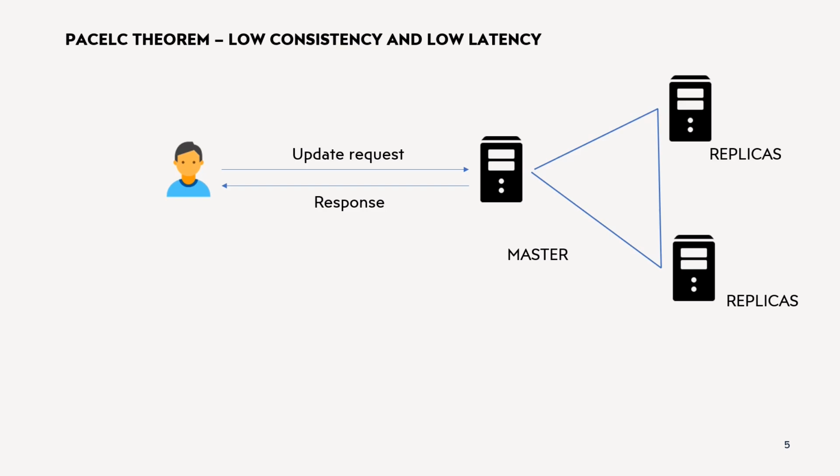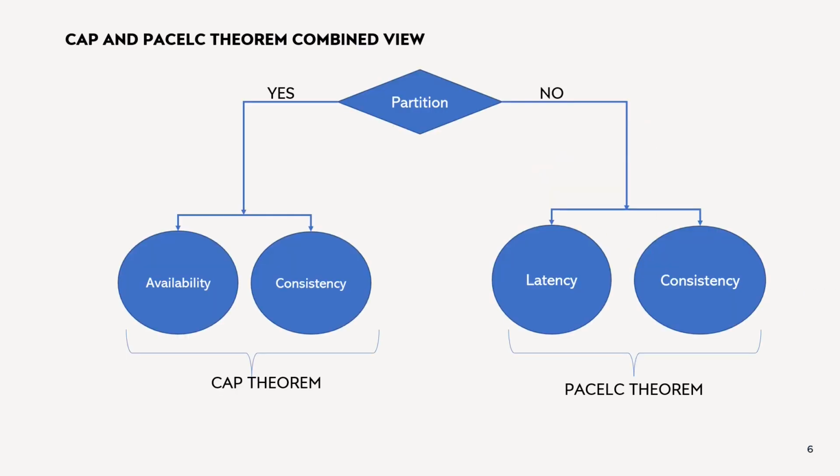Let us understand both CAP theorem and PACELC theorem in one diagram so that we understand it thoroughly. Suppose you have a system of servers which are serving the customers and there is no partition. At that time, you have to focus on latency and consistency. You have to choose between these two properties and fine-tune your system accordingly.